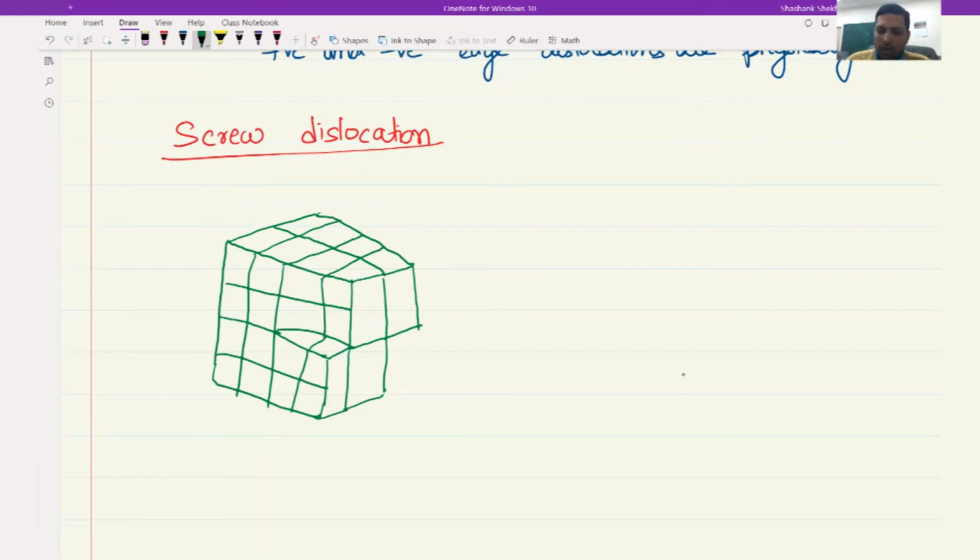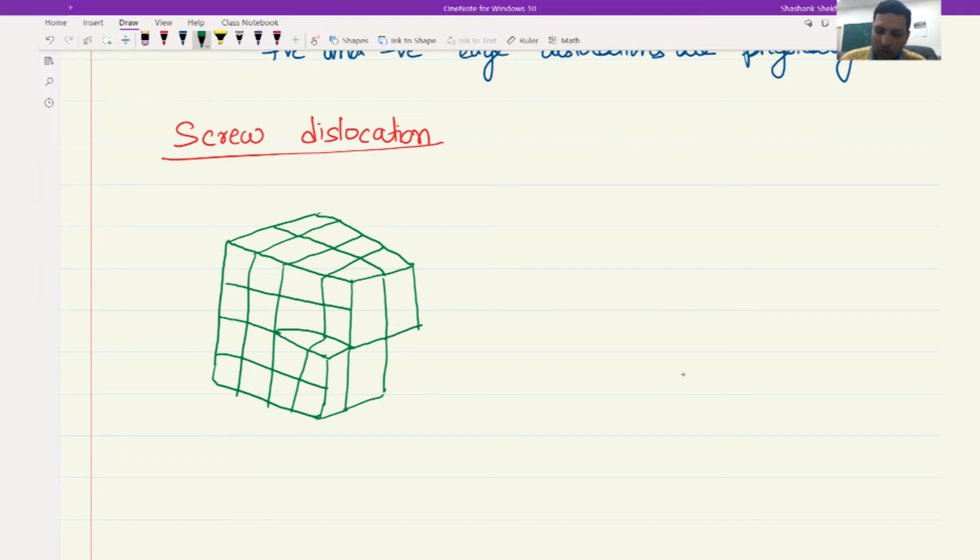So this represents a screw dislocation, and you can see why it is screw, because it has a helical structure. It is rotated, or it has been turned from here over here.